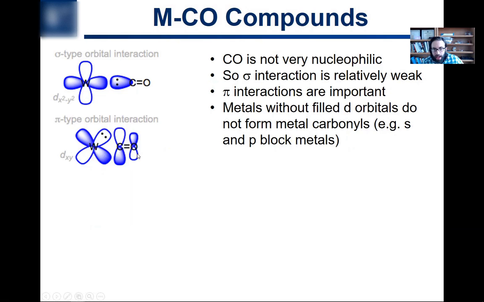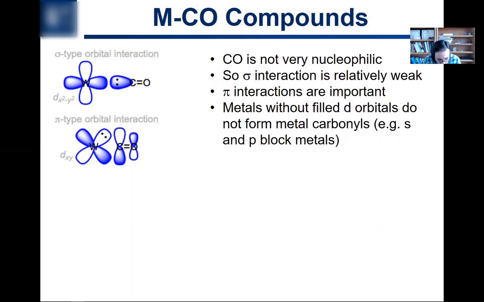And so as a result, if you have filled d orbitals, you're not going to form metal carbonyls. So something like a d10 metal or s and p block metals. Metals without available d electrons are not good examples; s and p block metals are good examples only, not the d10.